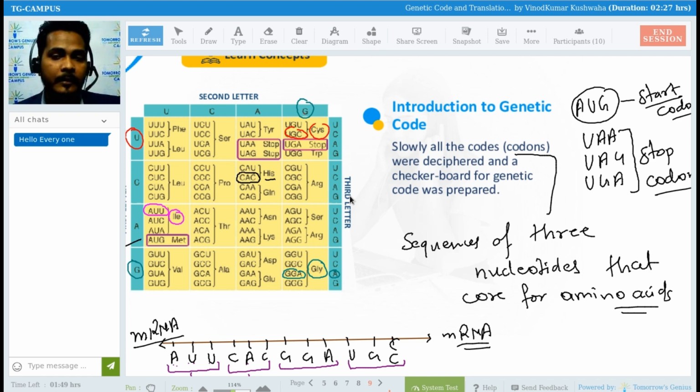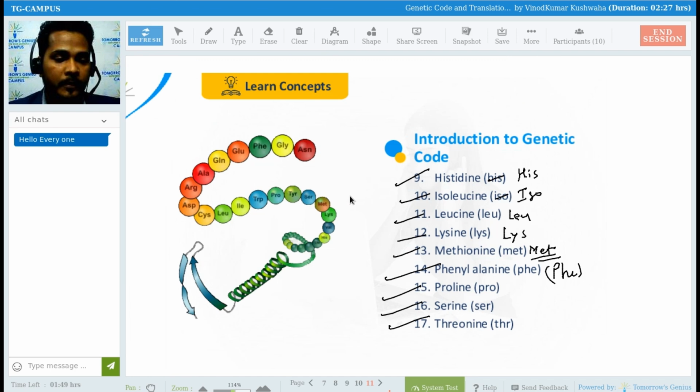And because of the stop codon, that is UAA or UAG or UGA, the reaction, that is translation, is going to stop. So you should know which code is the start codon and which is the stop codon, because this is important. Yes, all of you noted down what is the stop codon and what is the start codon.